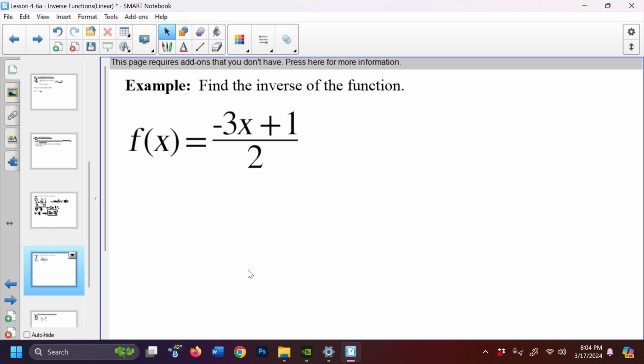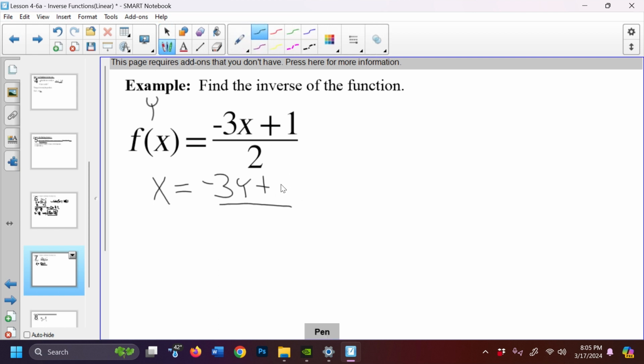Here I have a few more steps, but I'm going to essentially do the same thing. Again, remember, this is your y right here. So the first step is to switch your x and y. So I will go x here equals negative 3y plus 2 all over, plus 1 all over 2. And to solve for y, we're going to multiply by 2.